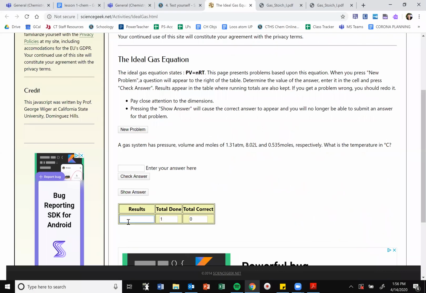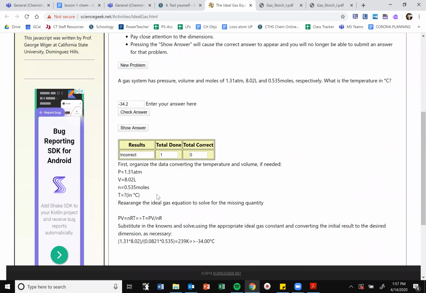Let's see here. Negative 34.2, check answer. It says incorrect. There were some issues that people were having with this giving correct answers or not. Let's do show answer. They got something very close, and it looks like it has to do with significant figures.